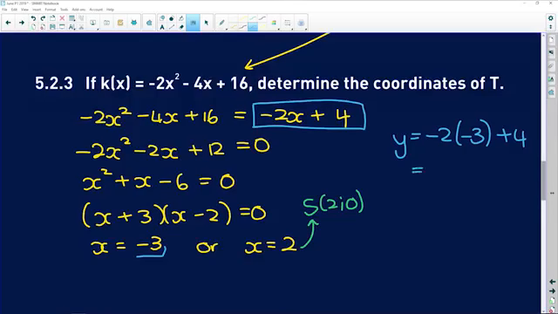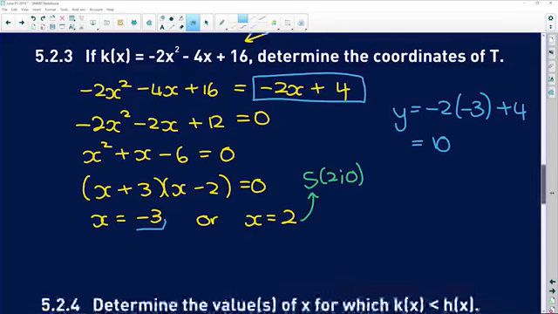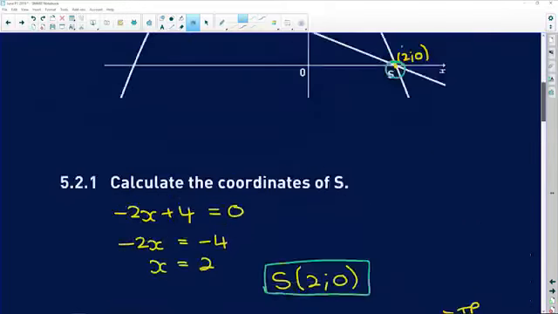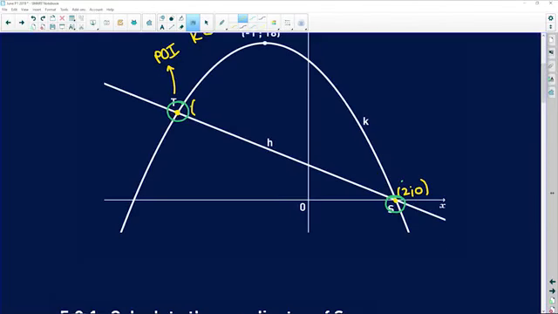So that's going to give us 6 plus 4 is 10. So t sits at negative 3 and 10. Okay, let's go fill that in on our graph. Negative 3 and 10. Okay.